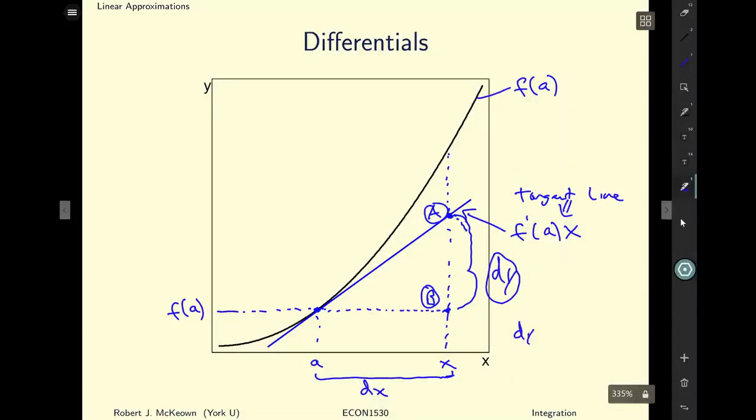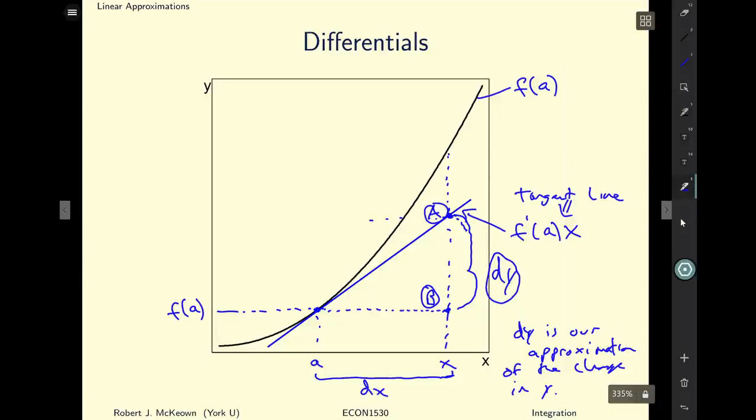Now remember that dy is our approximation of the change in y. Right?